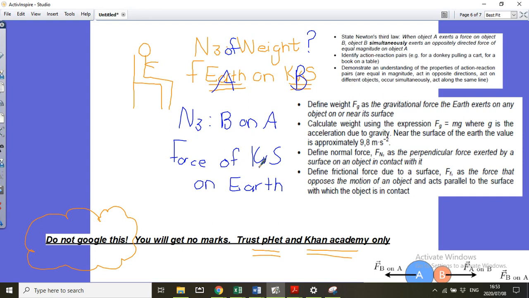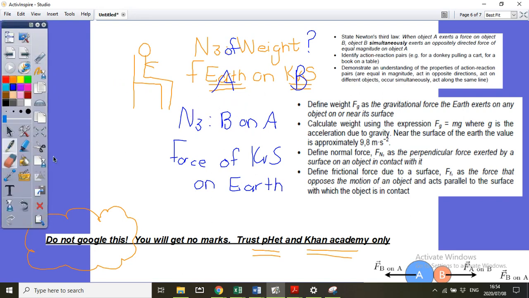There are only two objects involved here. The chair has got nothing to do with the fact that I have a weight. If I move off the chair, I still have a weight. If I move anywhere in Joburg, I still have a weight. It's got nothing to do with the chair. So many of you want to put the chair in this scenario. We don't want a third object involved here.